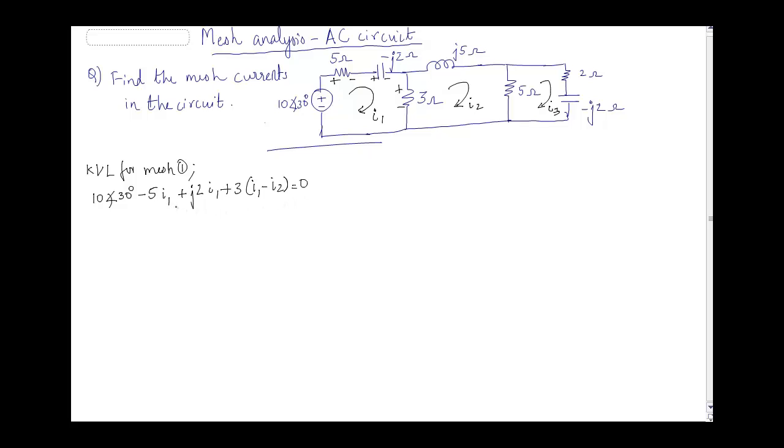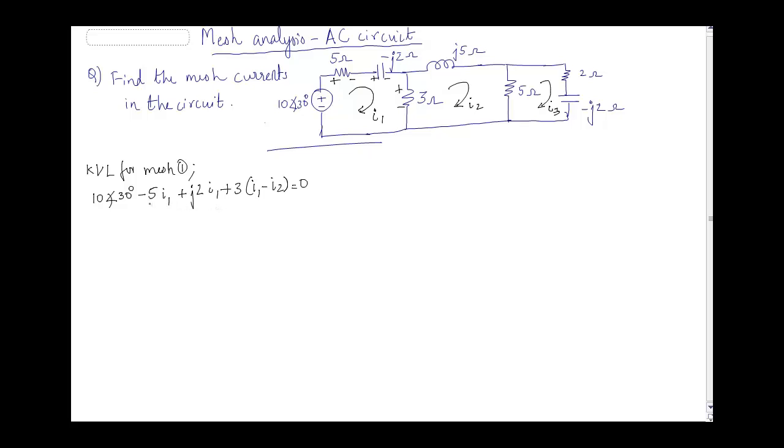Now here I have to rearrange this. Some of you may find it difficult to rearrange. Always remember that only the real values can be added together, or the imaginary values can be added together. The real and imaginary cannot be added together as an algebraic sum. So let's look at i1 components.